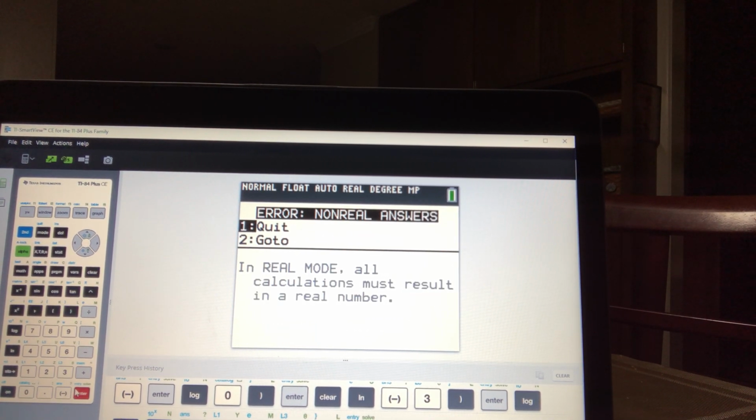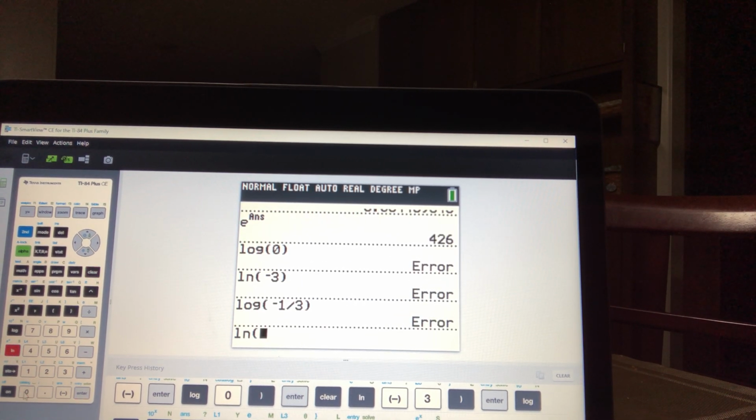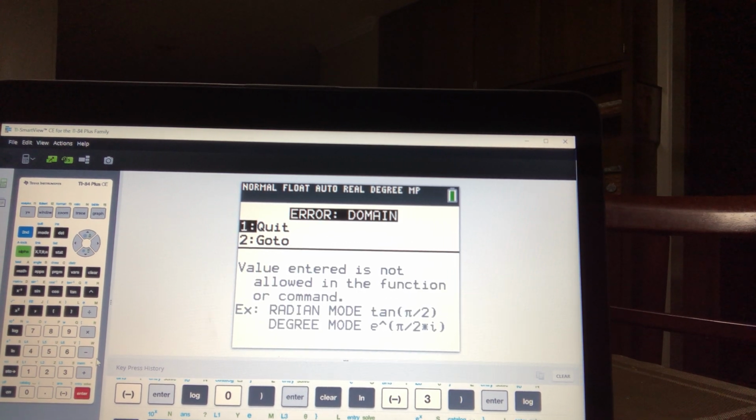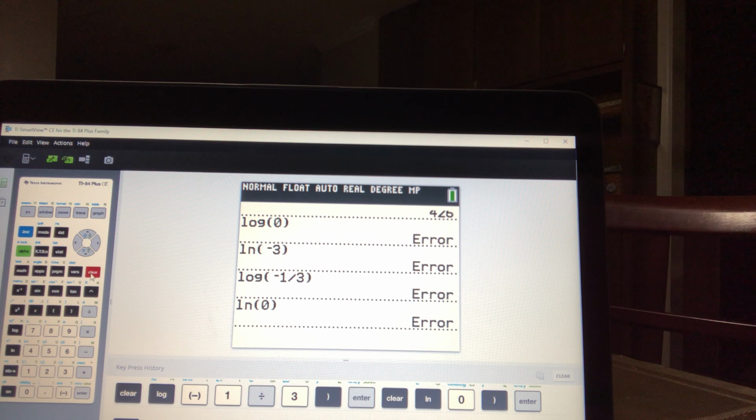That means that's not allowed. And the last one, a natural log of 0, can't do that either. So anytime you try to take the log of a negative number or of 0, you're going to get an error of some type, and that means it's not possible. So for all of those, you would put that it's undefined or not possible.